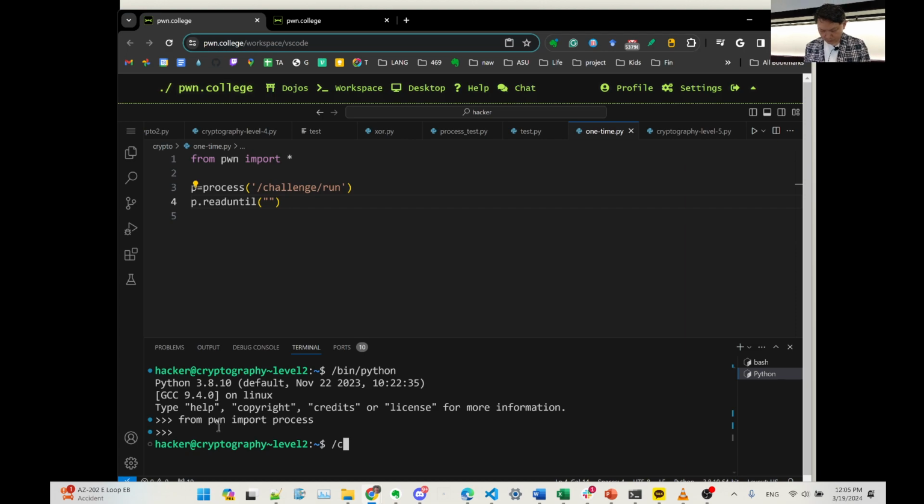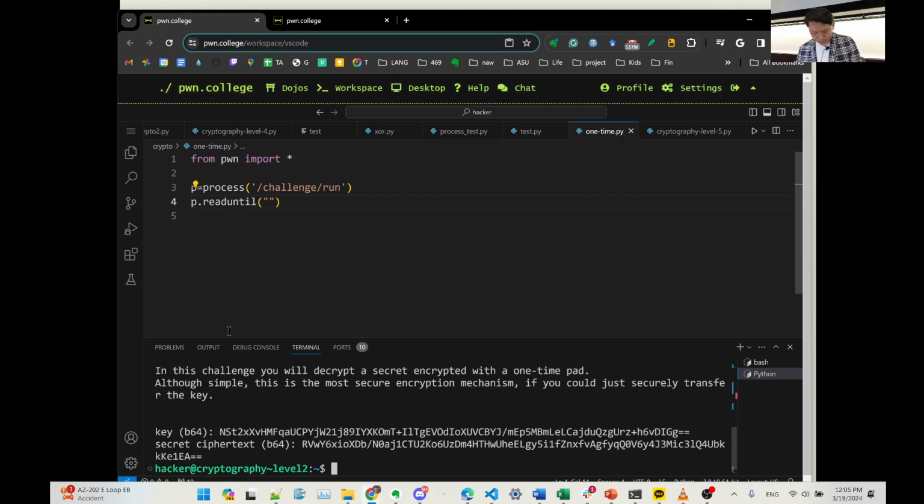You can see the challenge's run. Now we are trying to take this key, right? What does it mean, these two equal symbols? It means the padding. The base64 has to be a multiple of 4, so to align to the multiple of 4, this means there's a padding.